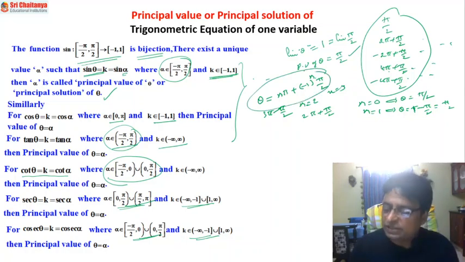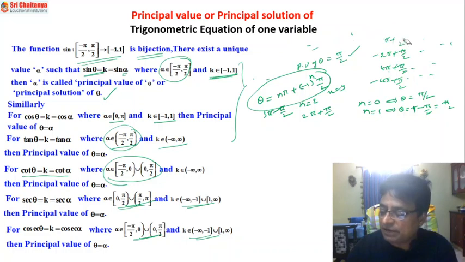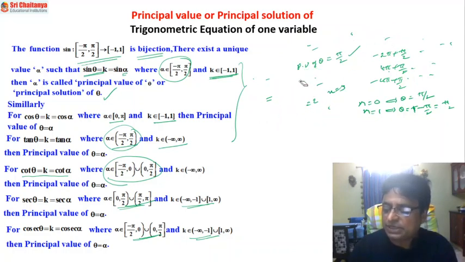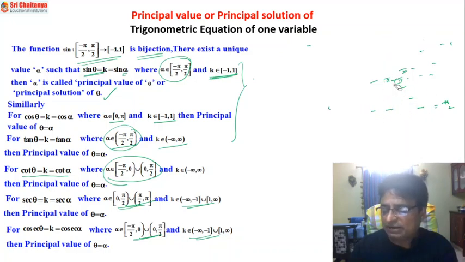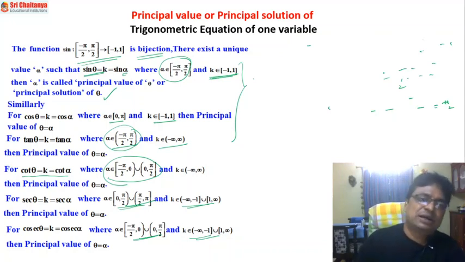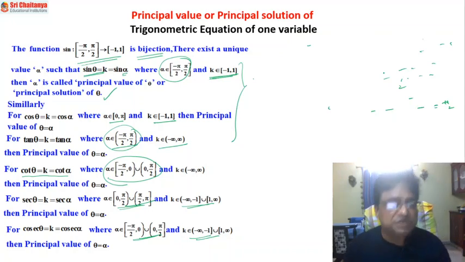So to write the general solution, what is essential? The principal value of that trigonometric function is very, very essential. That's why we concentrated on principal value. Even without writing the principal value, we can write the general solutions, but there the beauty of the solution lies, and in general students make mistakes also.